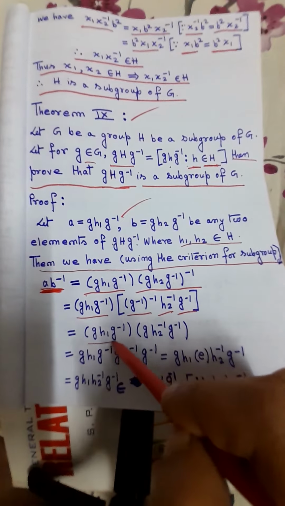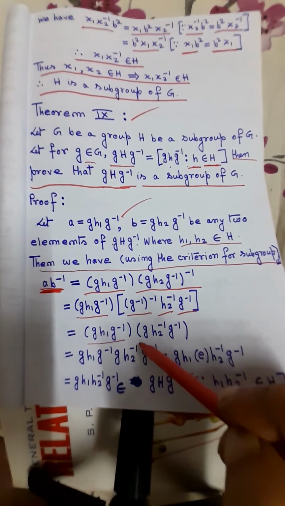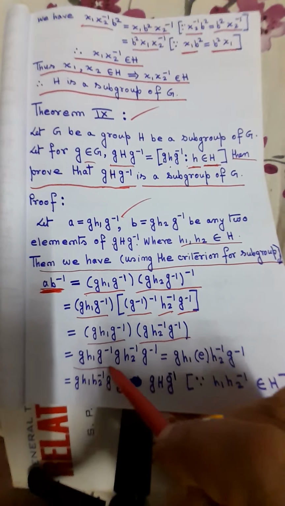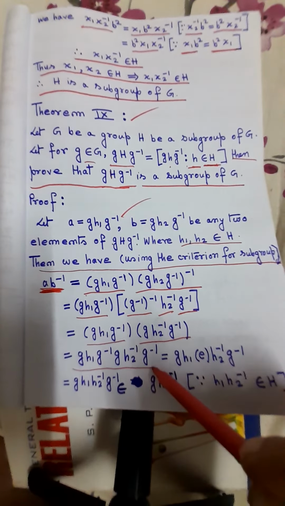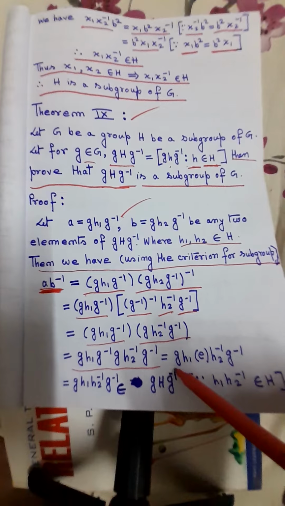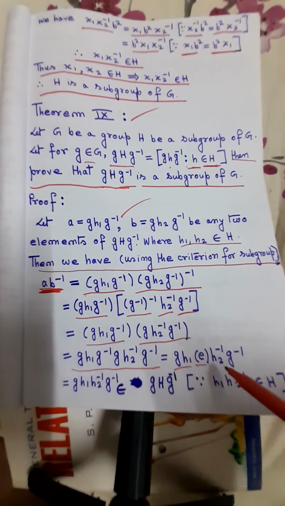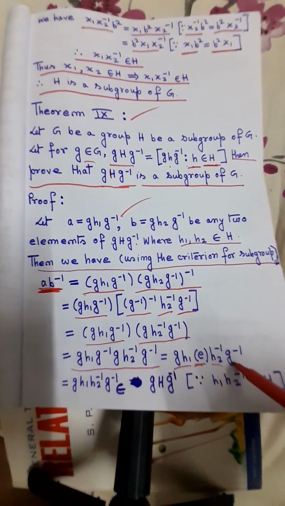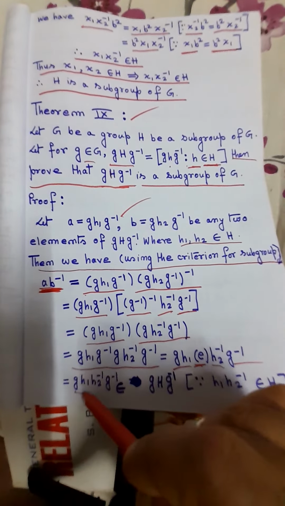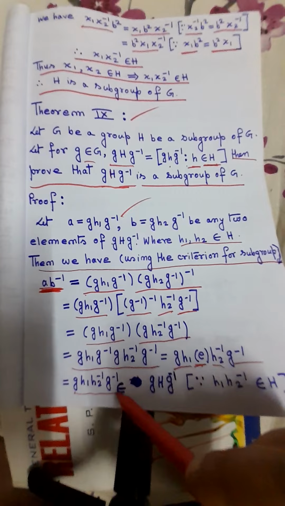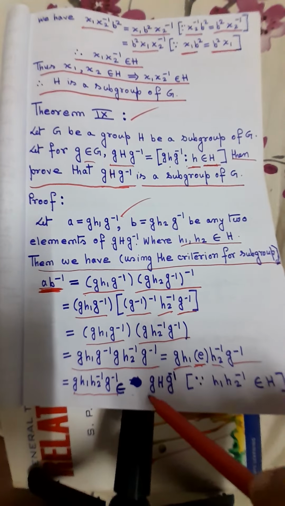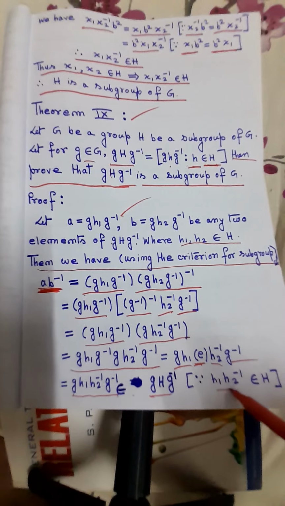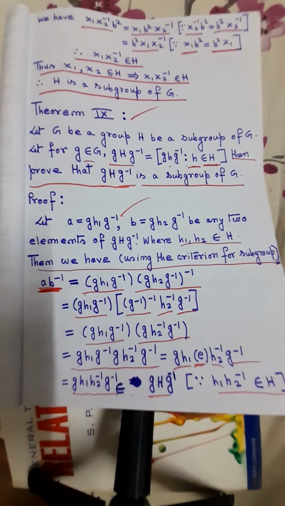That is g h1 g inverse g h2 inverse g inverse, okay? That is g h1 into g inverse g binary operation e, h2 inverse g inverse, that is g h1 h2 inverse g inverse belongs to g H g inverse because h1 h2 inverse belongs to H, correct?